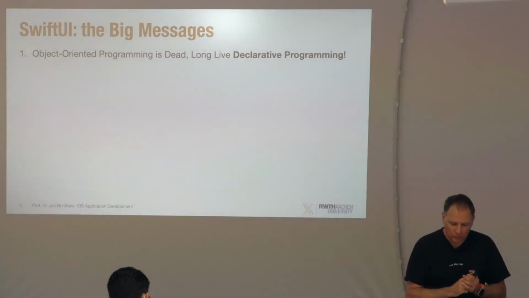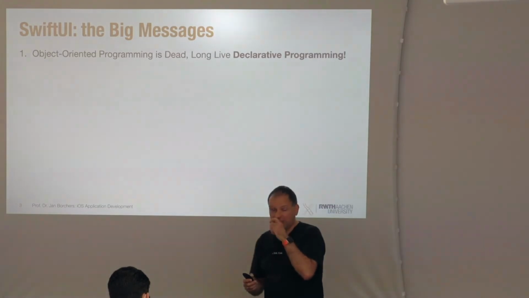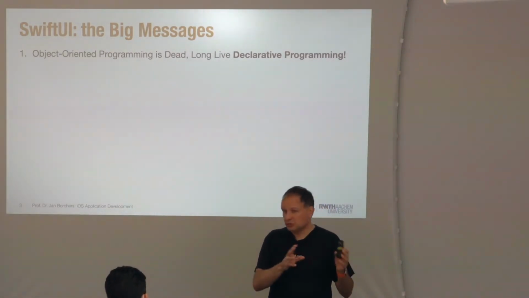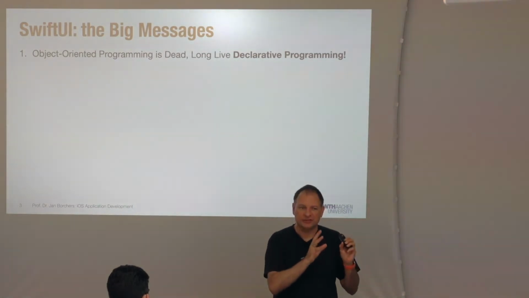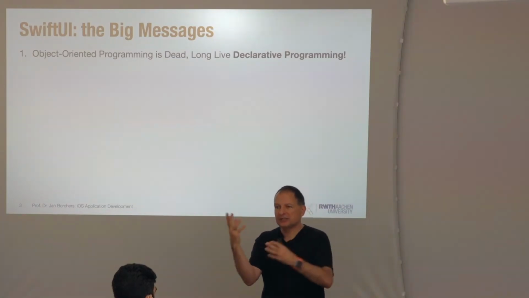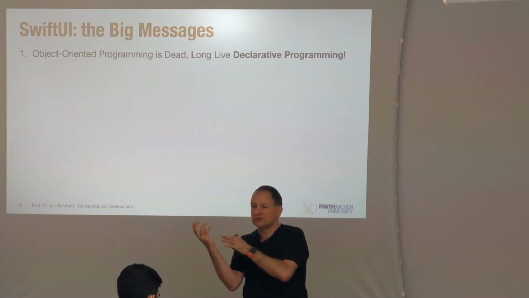So what you do instead in SwiftUI is basically that your model is the ground truth, as we know, right? It has everything in there. And your view is not something that you create at the beginning and then you actively drive to update itself and carefully change here and there to reflect your model.